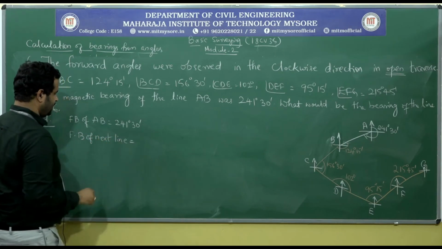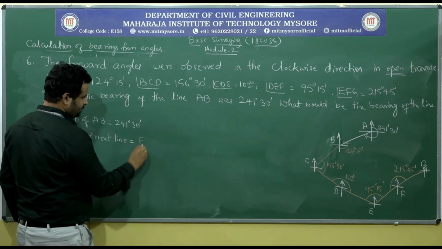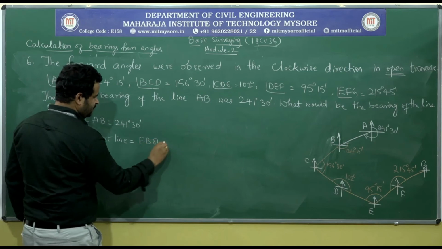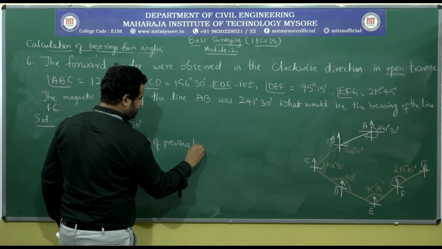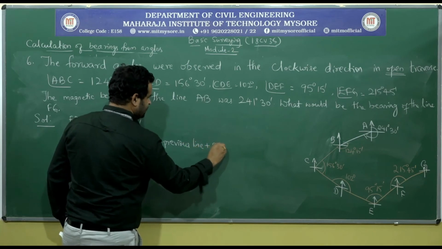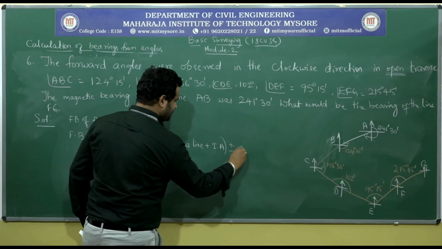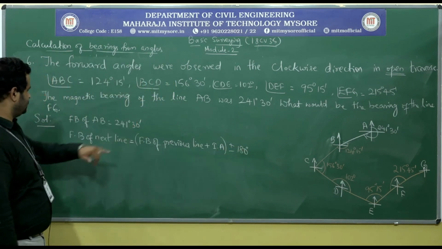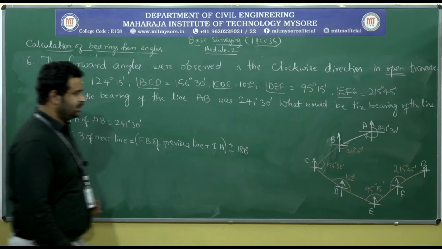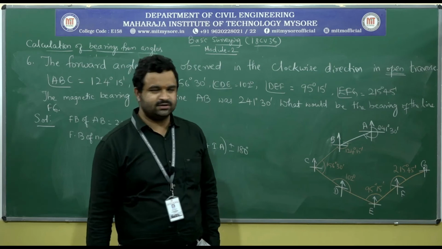We should add the bearing of the previous line plus its included angle, and if the sum is more than 180 or less than 180, we will decide it later. So, to calculate the bearing of the next line, which is BC, forebearing of AB is given as 241 degree 30 minutes.